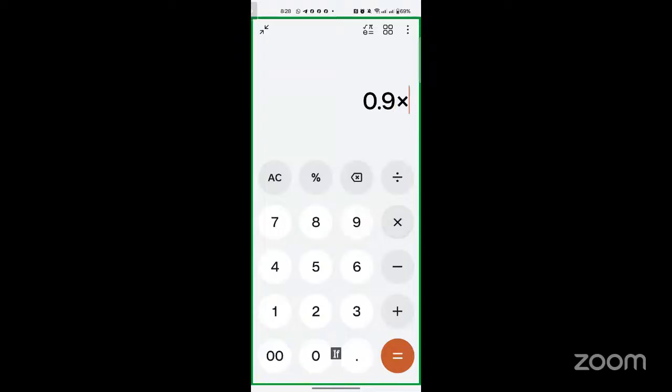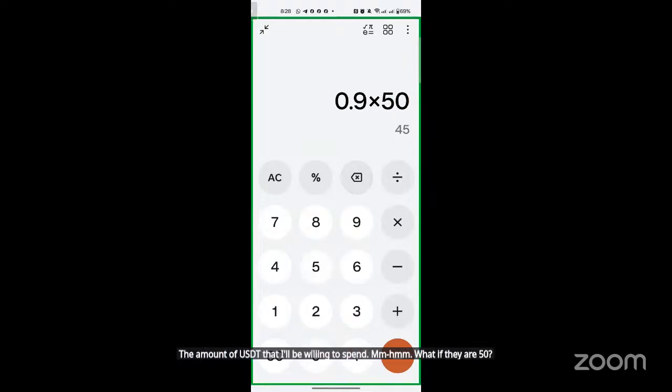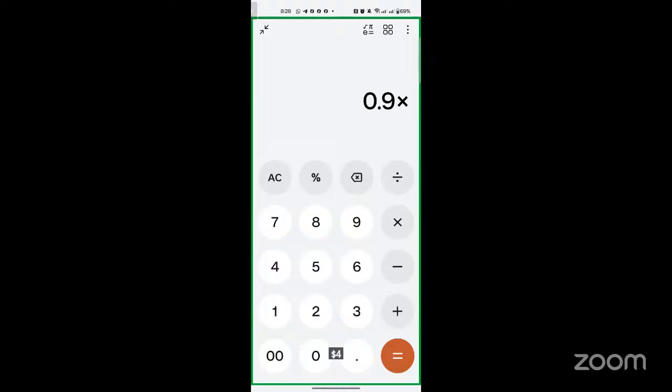If the coins I have are 200, that will be 180. The amount of USDT that I'll be willing to spend. What if they are 50? $45. What if they are 60? 54.